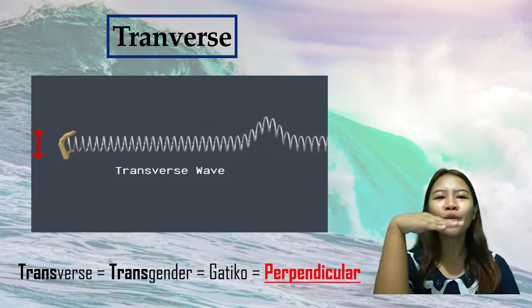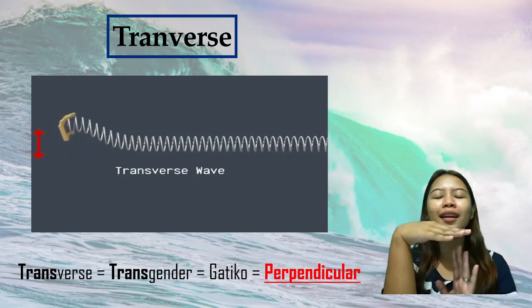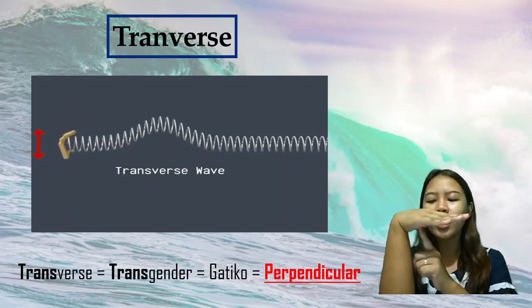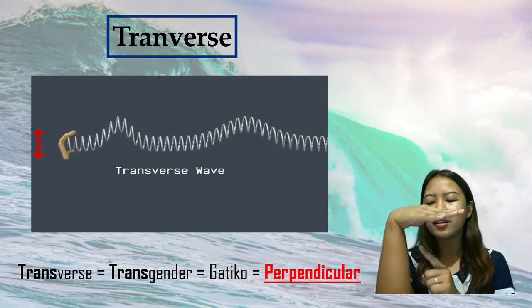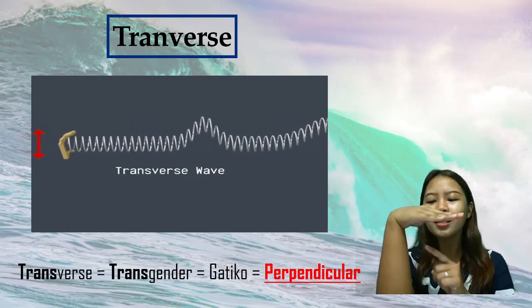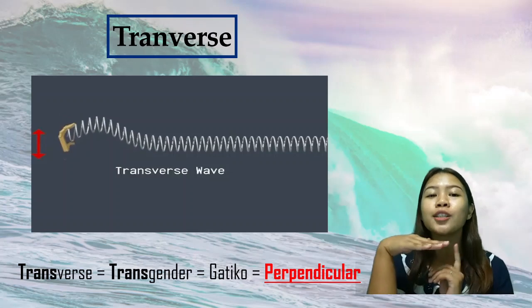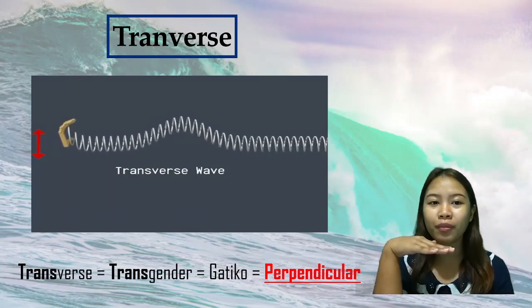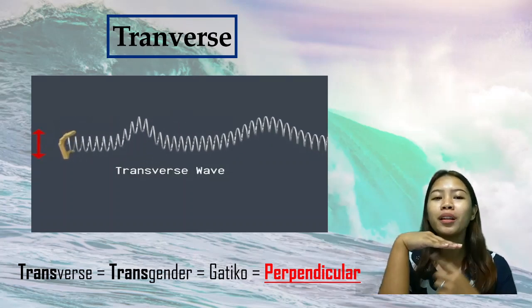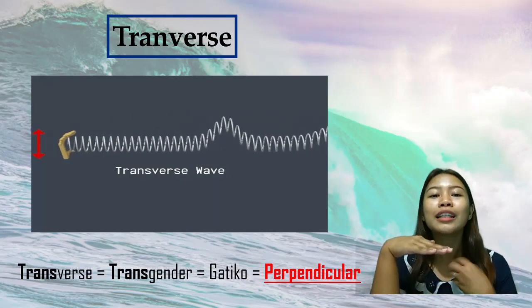Now, since you are gatiko, if you take a look at your hand, you are creating here 90 degrees. Since you are creating 90 degrees, therefore, it is perpendicular. Because it is perpendicular, meaning, it is a transverse wave.